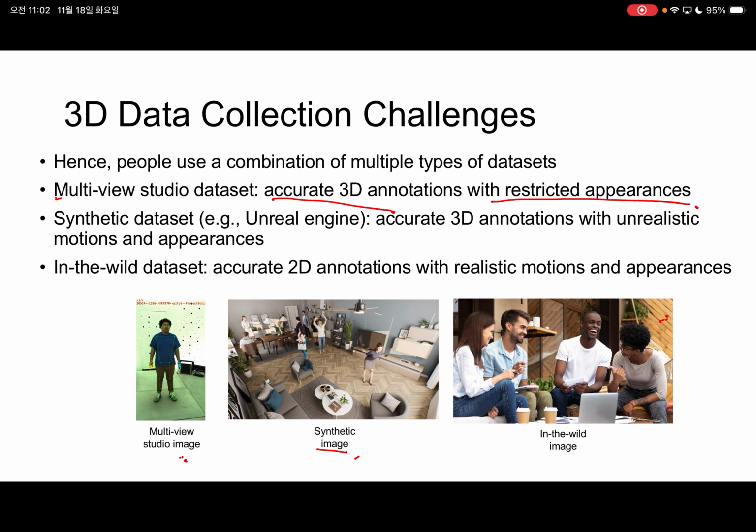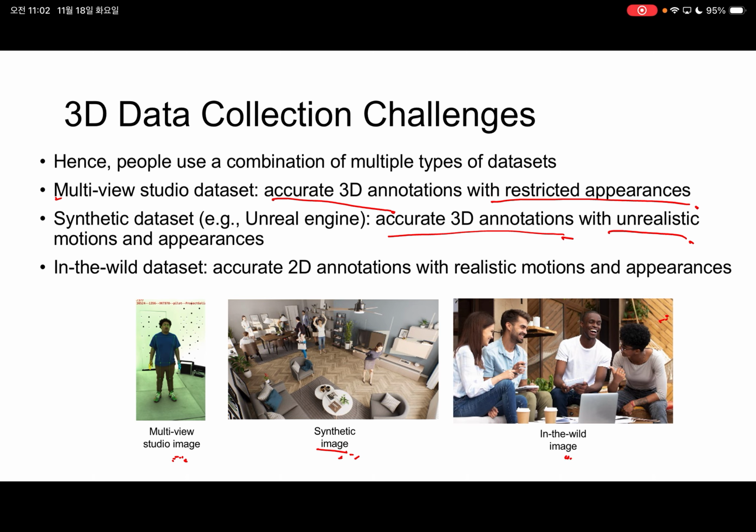As they are based on predefined 3D annotations, the 3D annotation is good, but the image quality depends on the physics engine. Even these days, with Unreal Engine 5, image appearance is a little bit unrealistic, like a 3D-ish appearance, not very photorealistic. But it's much better than multi-view studio images, though still a little far from realistic image appearances.